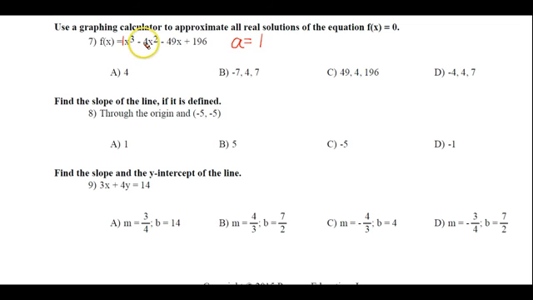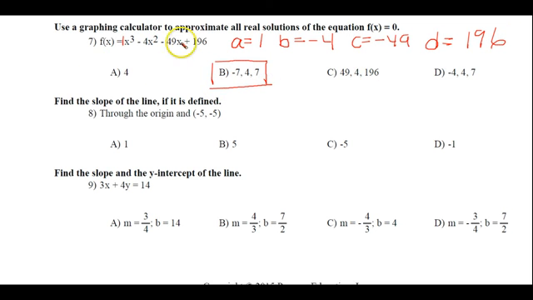Here your b value for this is a -4. Your c value is a -49. And your d value for this is 196. Now I put these values into the calculator, and this is what pops up.